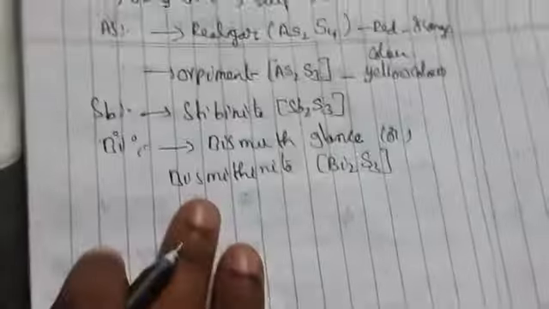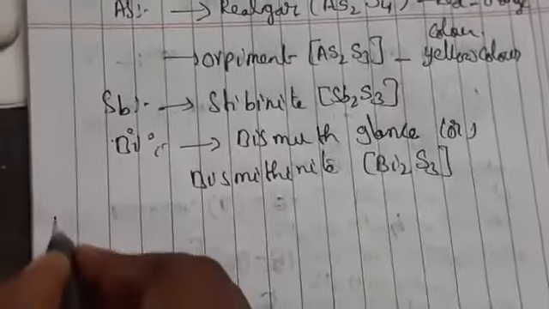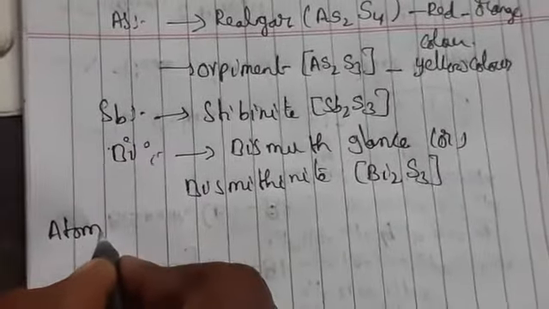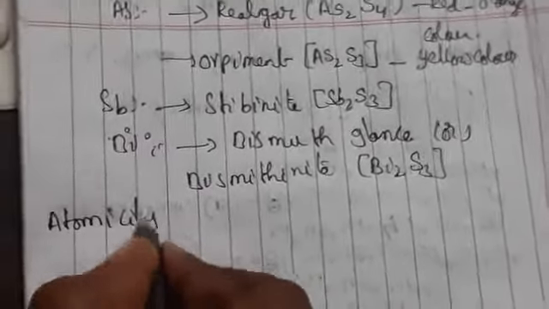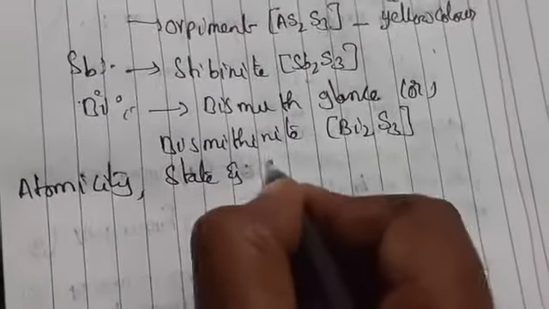So this is about the occurrence and minerals of the 15th group elements. Now let us see the atomicity, state and structure of 15th group elements.